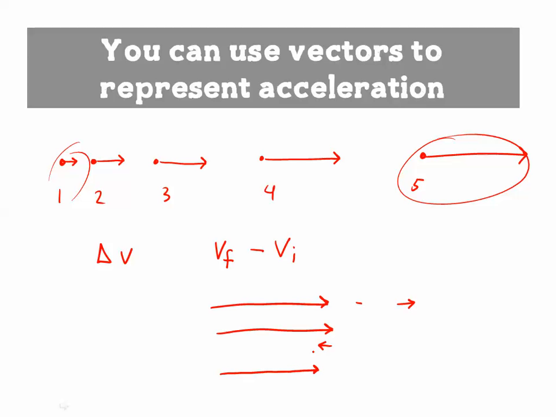and our change in velocity looks something like that, which over that 4-second time interval would be divided to get our average acceleration.